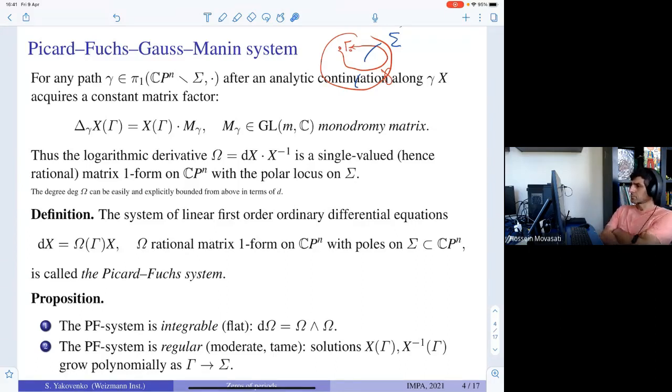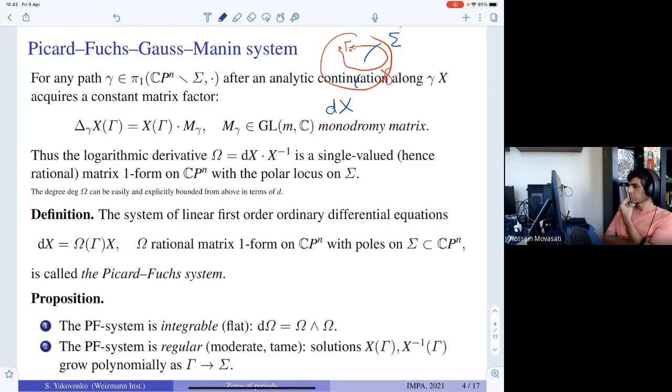Now, what happens if, instead of the matrix X, we consider the matrix dX? It means that I just take the exterior differential of every matrix element of my period matrix.